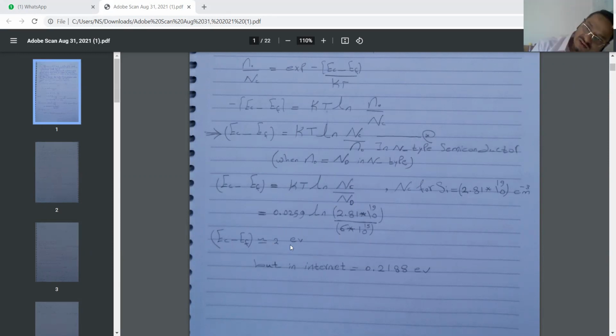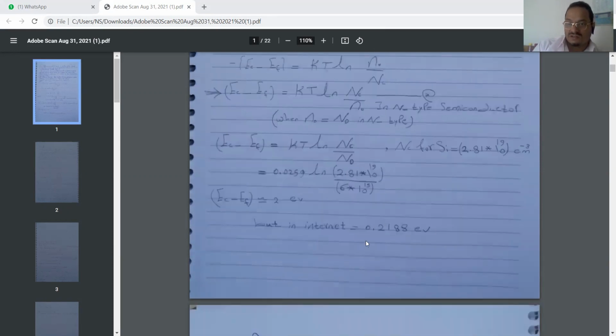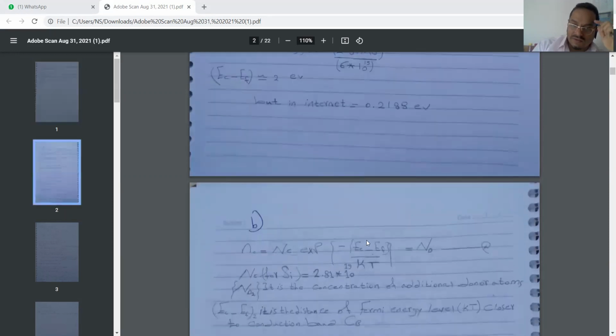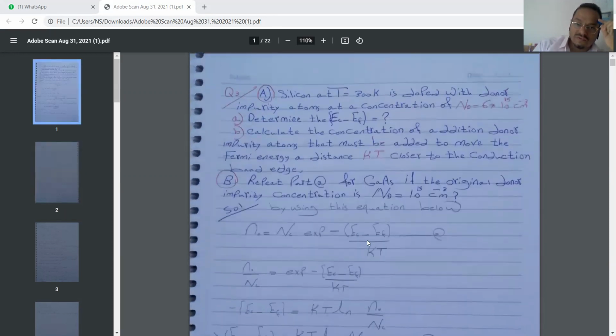But when I searched in another sheet, in another page, I found it equals 0.2188 electron volt. I don't know why. Let's depend on this result. Okay, now to solve part B: calculate the concentration of additional donor impurity atoms that must be added to move the Fermi energy level closer to the conduction band.